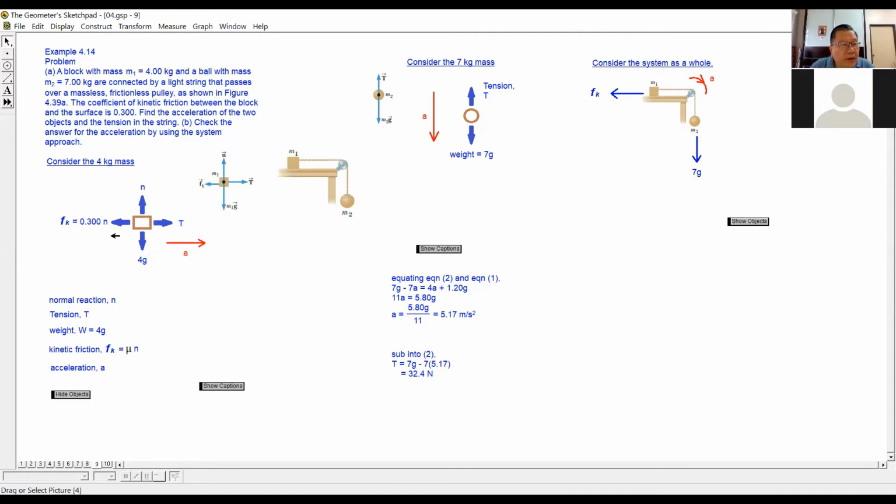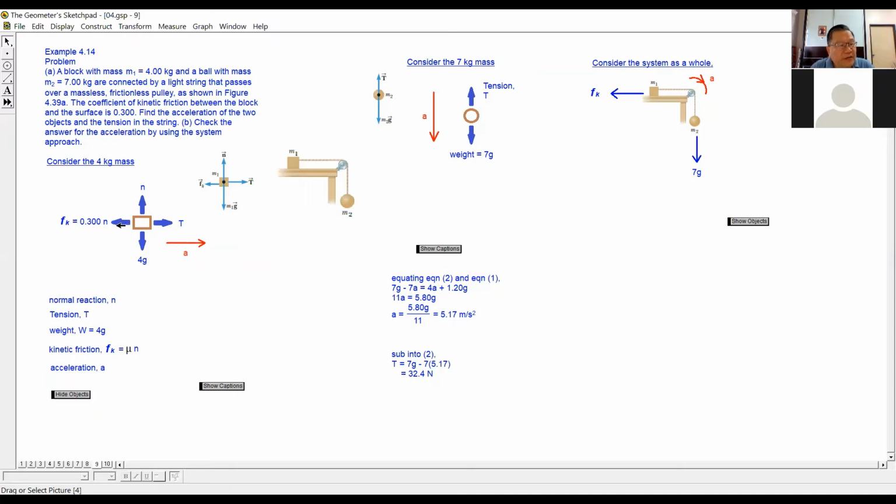Next we are going to look at the horizontal forces. There are two horizontal forces acting on this 4 kilogram mass. The first one is the tension that is pulling the object towards the right.